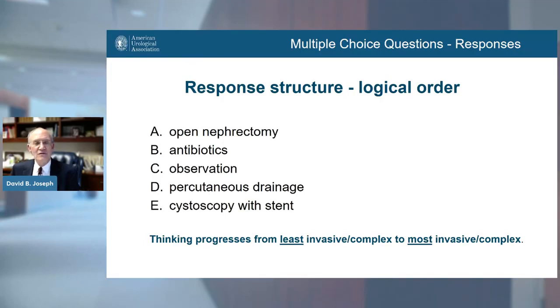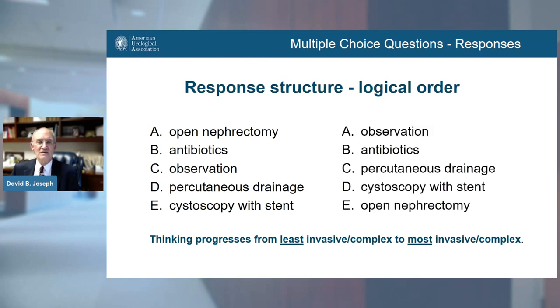But they don't follow a particular order where you have the most complicated first and then you go through and have something easier. So when you see something like this, rearranging it into this fashion, observation, antibiotics, percutaneous drainage, cystoscopy with stent, open nephrectomy, just follows a pattern again from least to most. And that's going to be easier for the learner to understand.